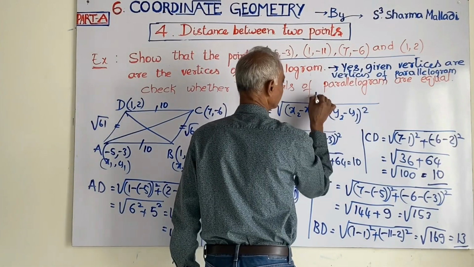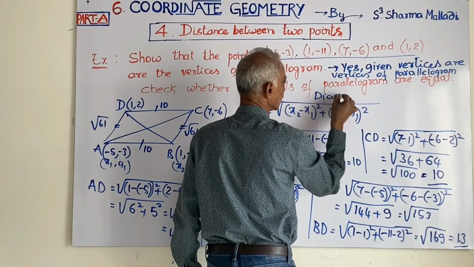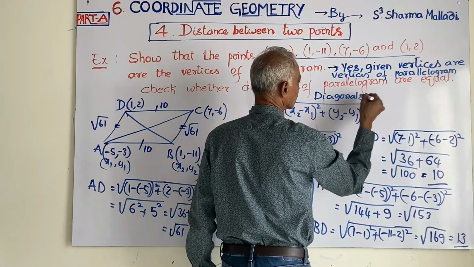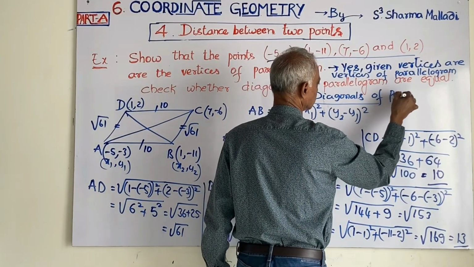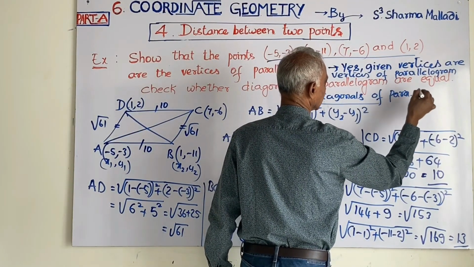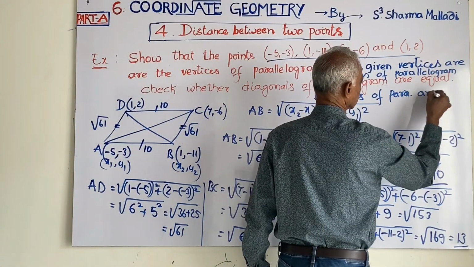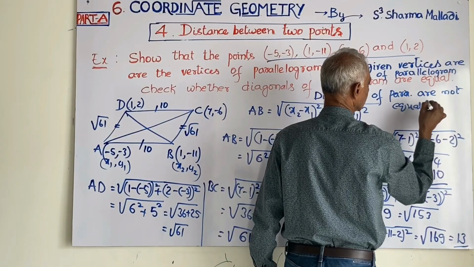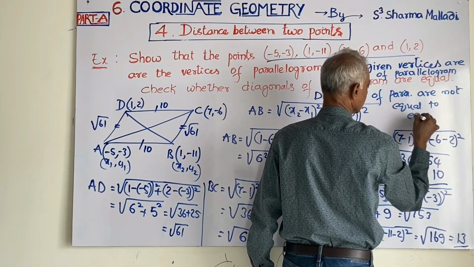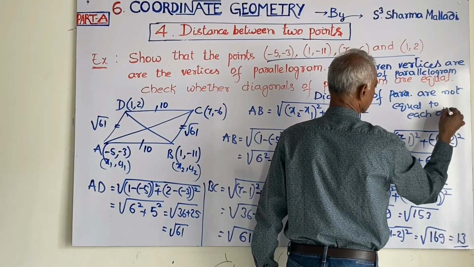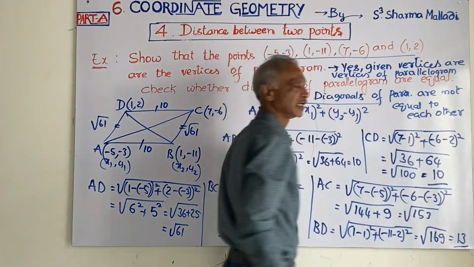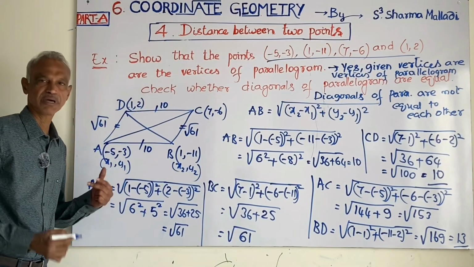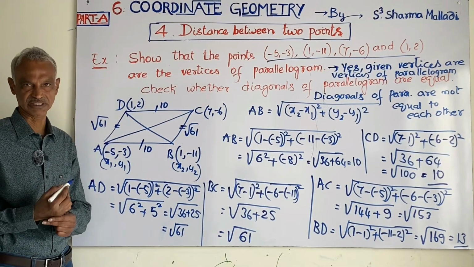Diagonals of a parallelogram are not equal to each other. Remember, diagonals of a parallelogram are not equal to each other.